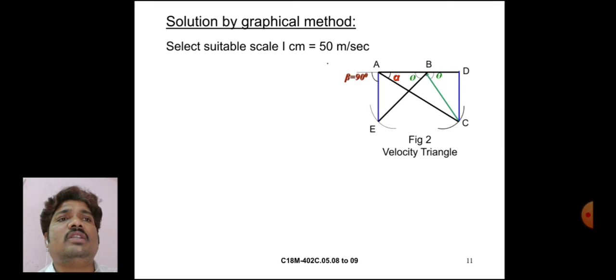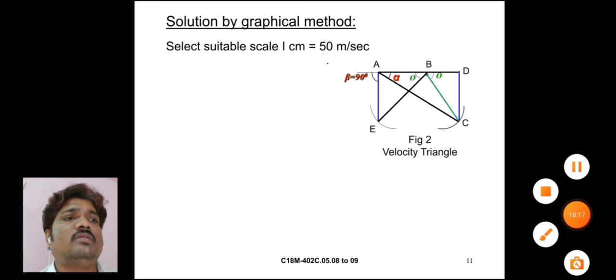Solution by graphical method. The velocity triangle is shown in this figure, with angles alpha, beta, theta, phi in velocity triangle ABCDE. Select a suitable scale: 1 centimeter is equal to 50 meters per second.